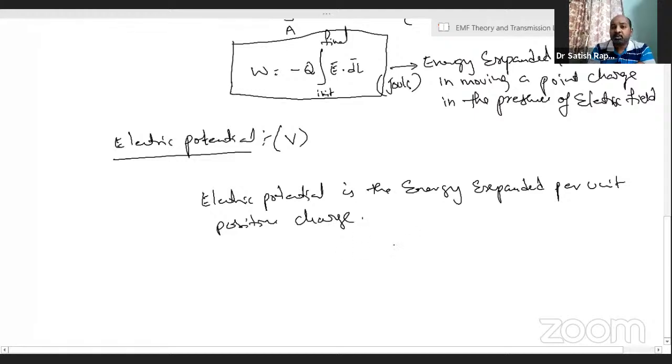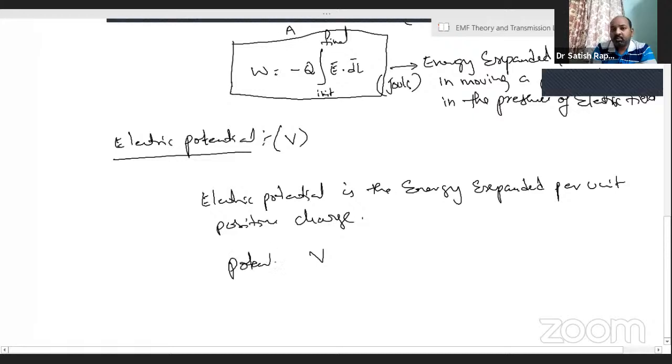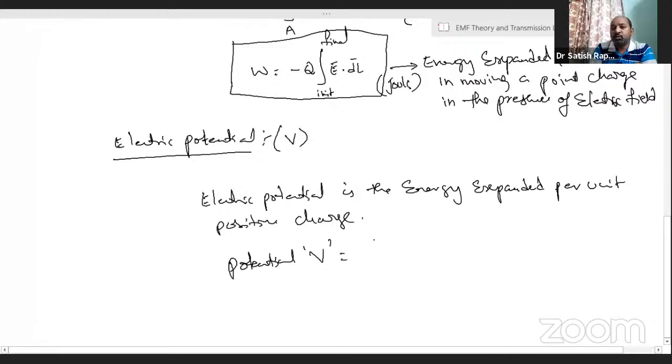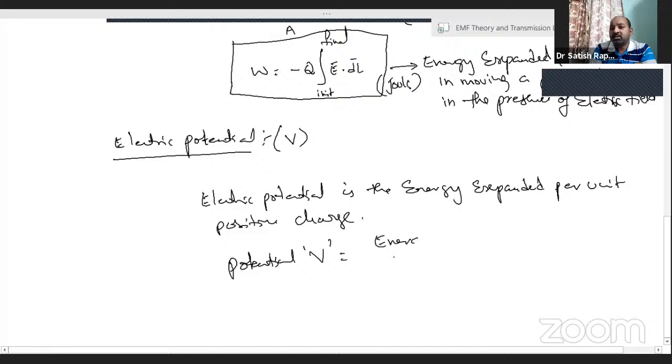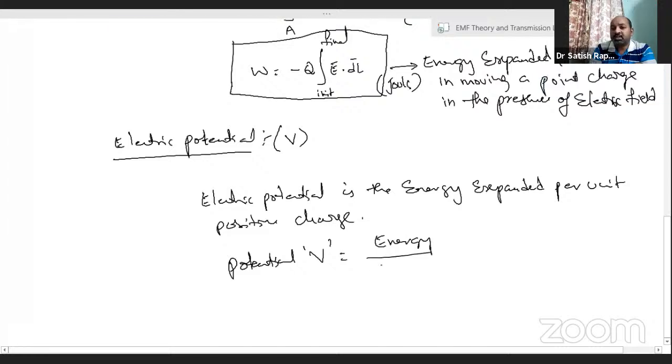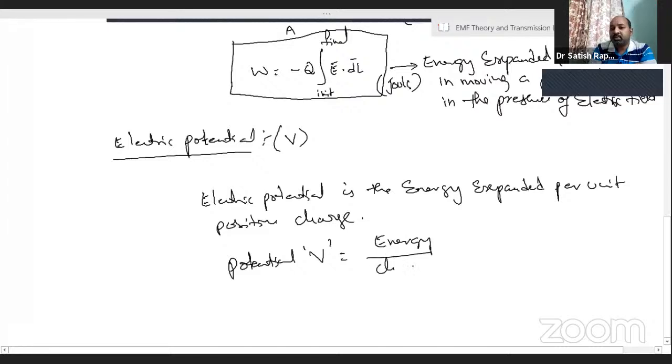Right? So potential V is equal to energy, total energy per unit positive charge.